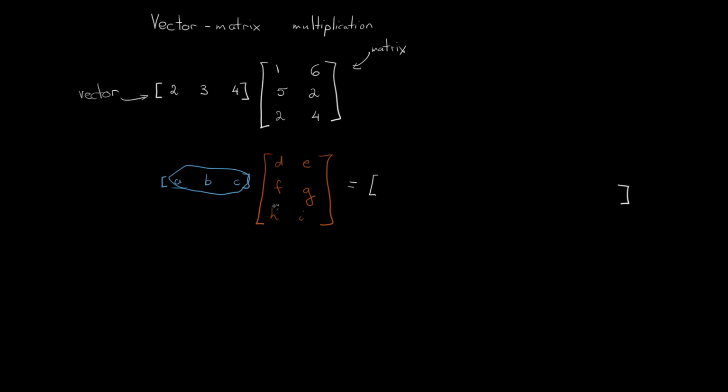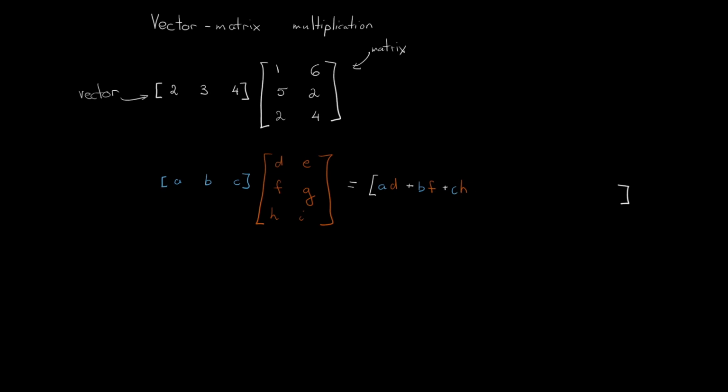Now let me show you what I mean by that. So we have A, B, C, and then I have D, F, and H. You see this first column here. And then I add those 3 products. That is going to be my first element of this product.